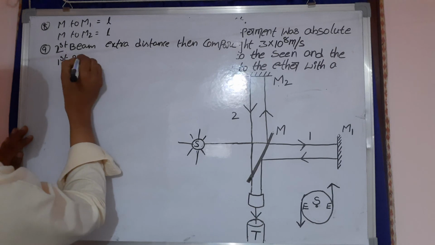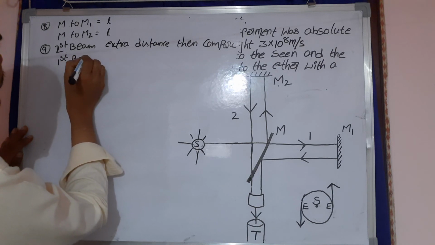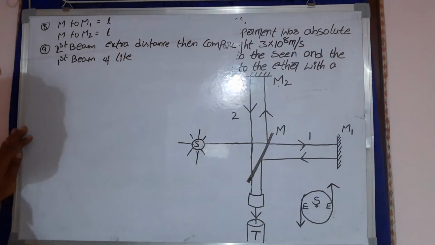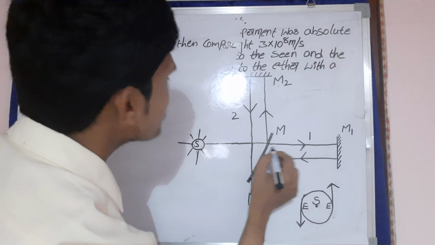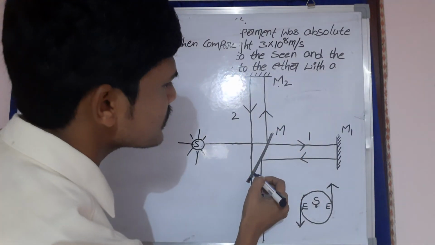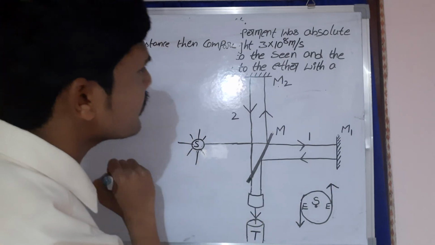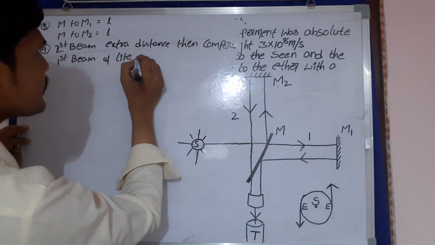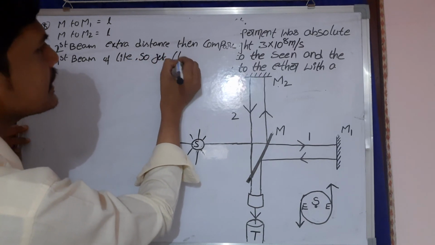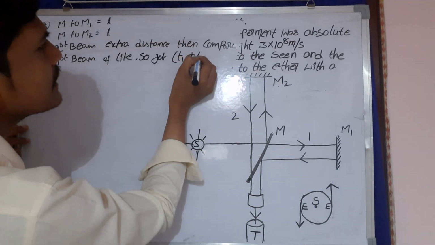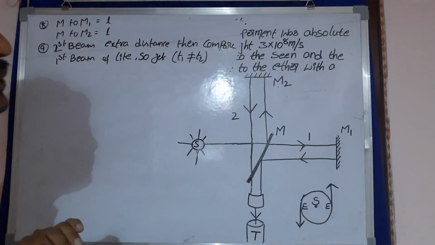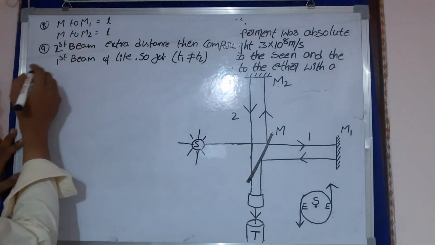Then compare the first beam of light with the second beam of light, which is reflected. We get a time difference: T1 time is not equal to T2 time. So let us calculate the time T1.